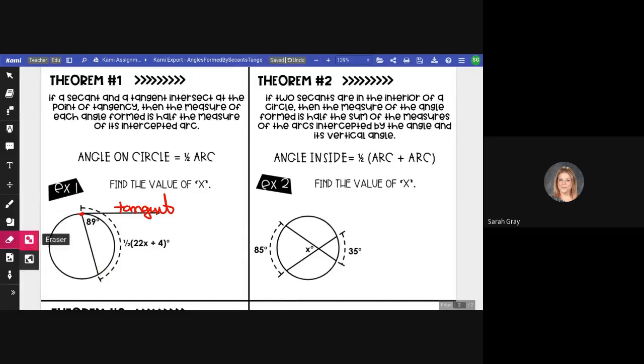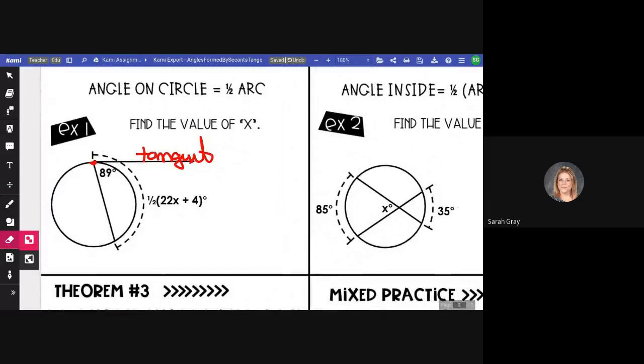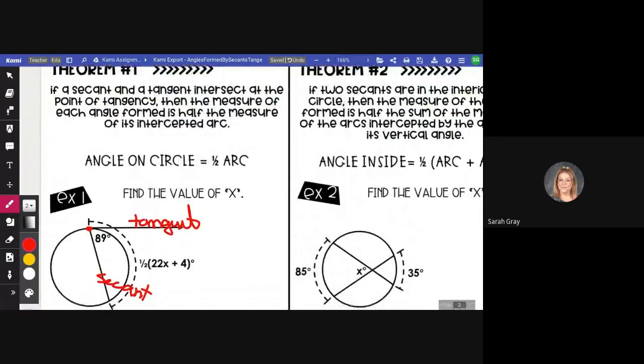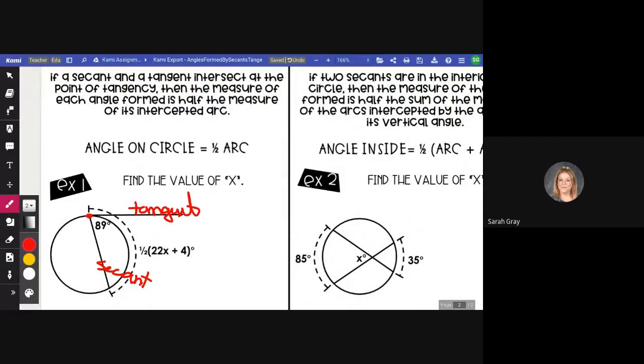They just didn't draw it extending, but it's still a line that hits the circle in 2 places. And if they intersect at that point of tangency, then the measure of the angle formed is half the measure of its intercepted arc.